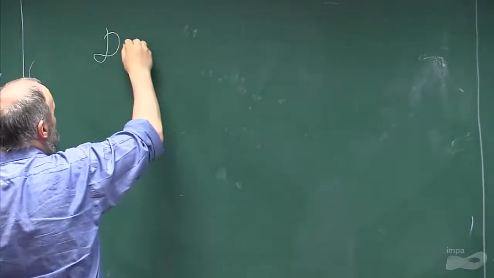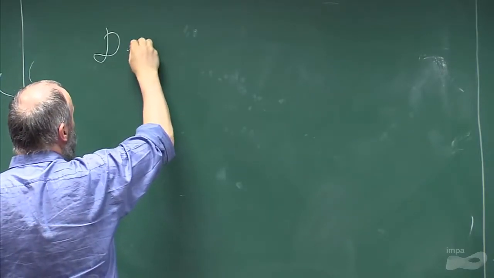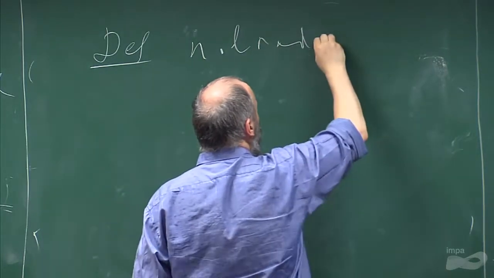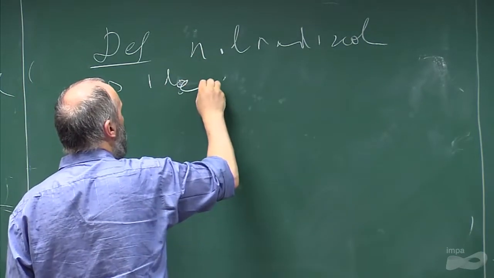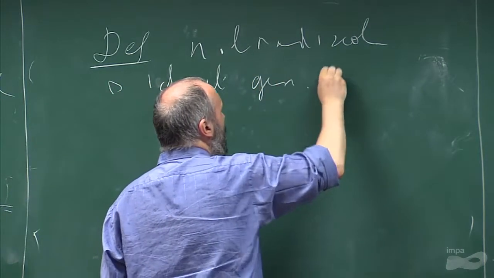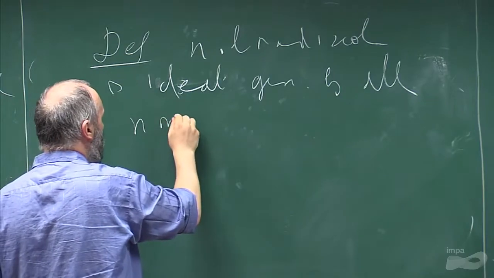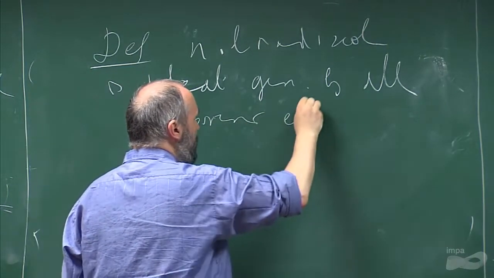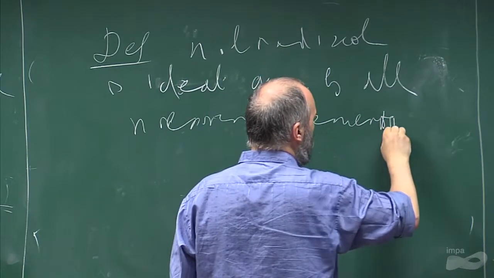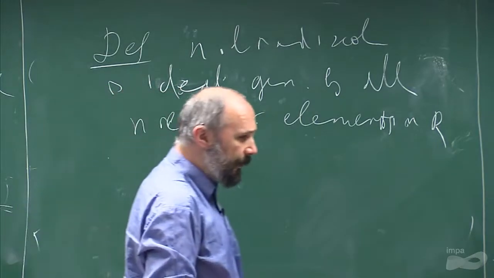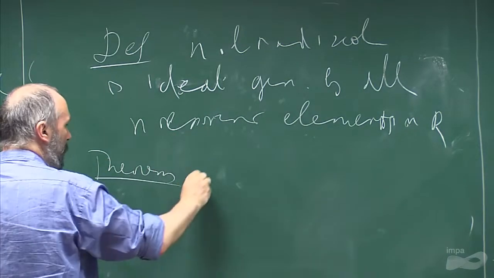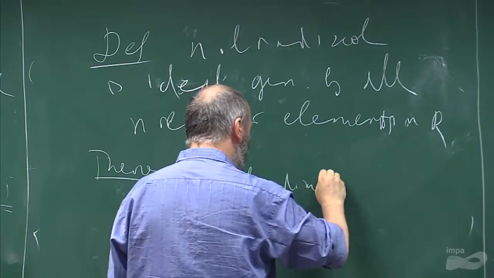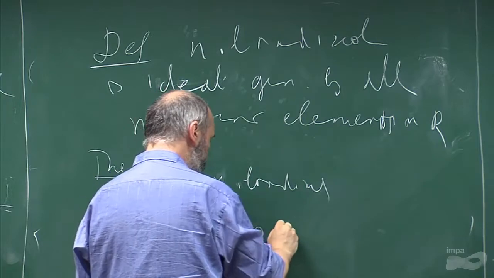Okay, now the nilradical. The nilradical is the ideal generated by all nilpotent elements in R. We discussed this result, and you even told me that you know it. Theorem: the nilradical is the intersection of all prime ideals.